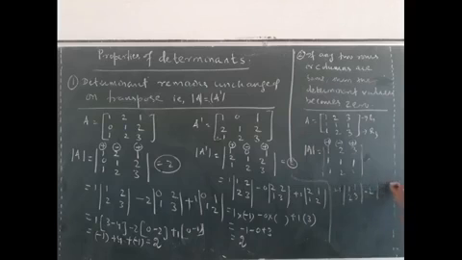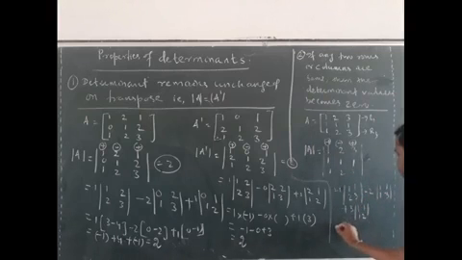Minus 2, also removing its row and column, what is left is 1, 1 and 1, 3. Then plus 3, removing its row and column, what is left is 1, 1, 1 and 2.